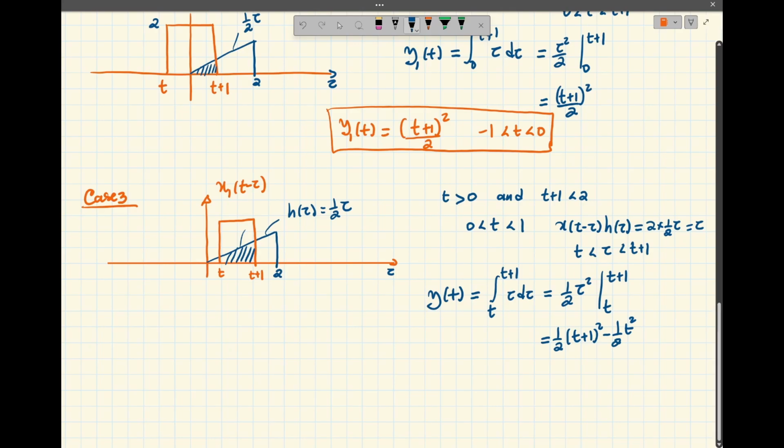We can expand this and simplify, but I'm going to leave it like that for now, and later on we're going to change that. So for this case, y1 of t is equal to 1/2 (t plus 1) square minus t square over 2, where 0 is less than t less than 1.